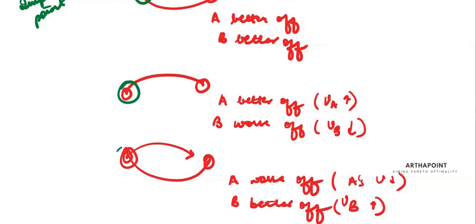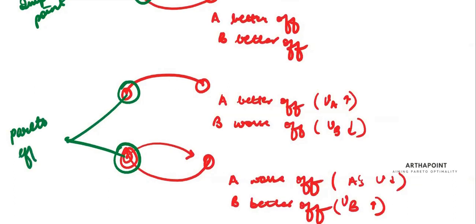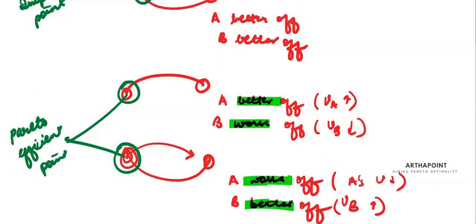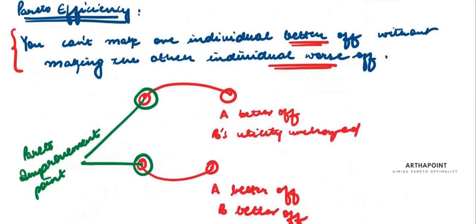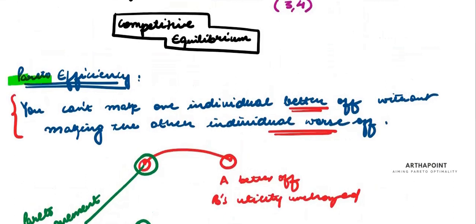Then these points are called Pareto efficient points, because they were efficient enough. When you moved away from that point, you could make one individual better off only at the cost of the other. So they become Pareto efficient points. All throughout, our aim would be to find all the Pareto efficient points. That is what my aim is.